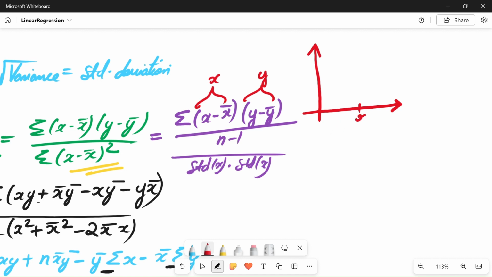Let's say I pick some random point x naught and some random point y naught. Then what does x naught y naught represent? Most of you would have given the right answer. It's this area, a rectangular area enclosed by this particular figure.